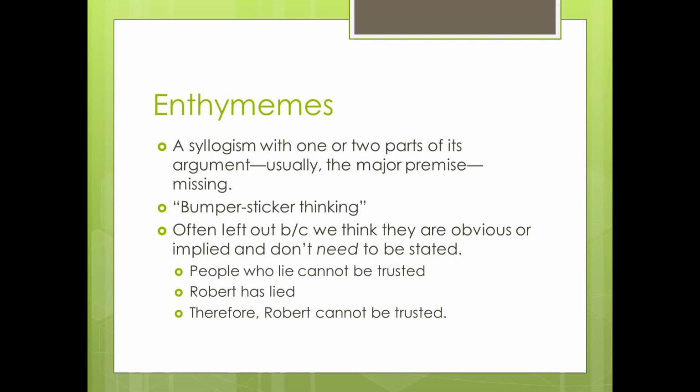For example, people who lie cannot be trusted. Okay, that seems fairly accurate or fairly logical. But then when you apply the minor premise, Robert has lied, and then that leads to the conclusion, Robert cannot be trusted. Well, wait a minute. What kinds of lies has Robert told?